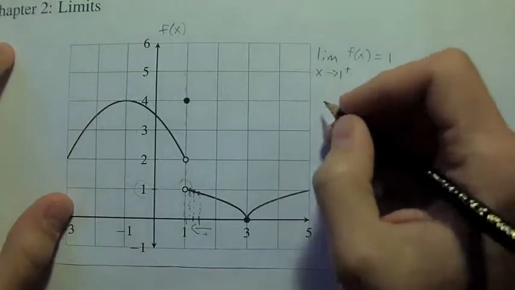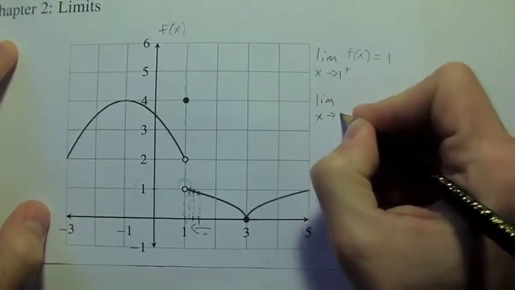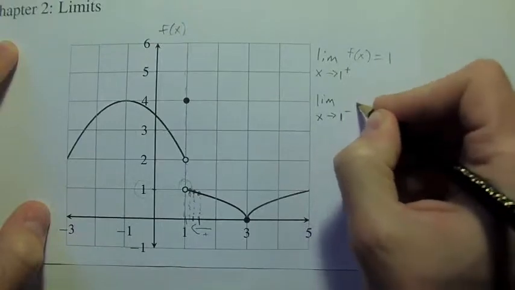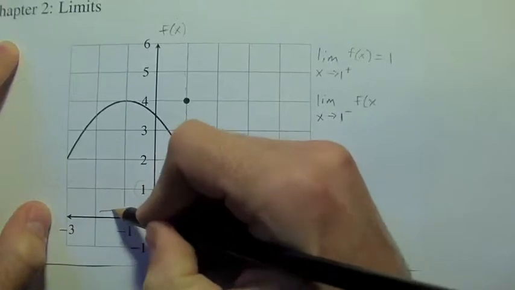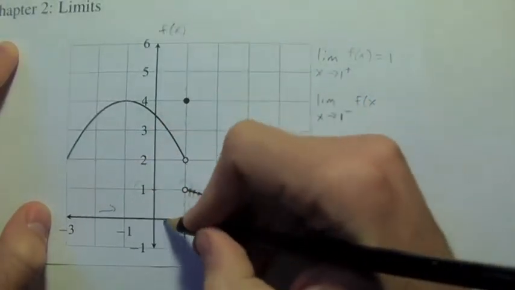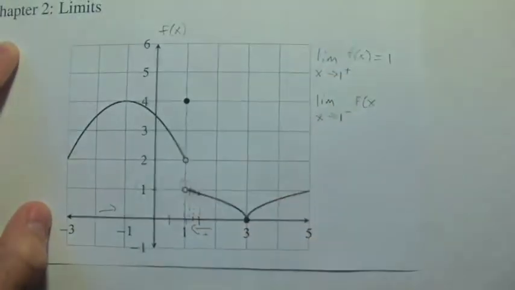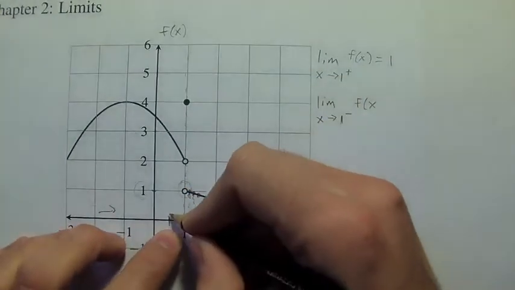On the other hand, if we look at the limit as x goes to 1 from the left, or from the negative side, now we're looking at it from this side, coming in this direction. So again, I start about halfway away, 0.5 on the left, and I start getting closer.